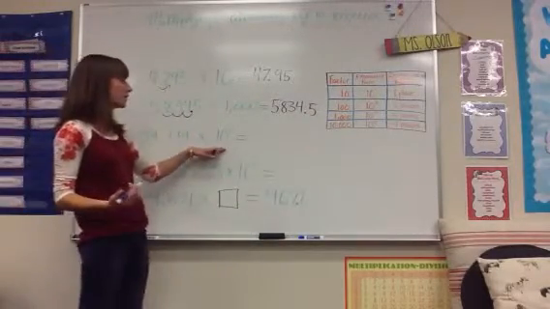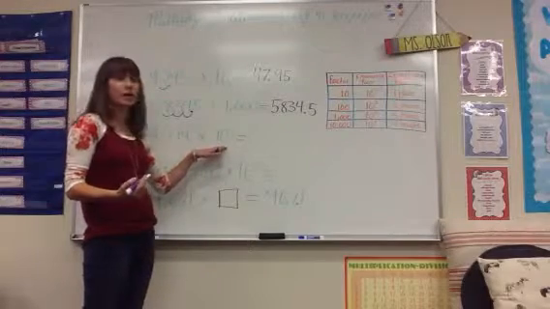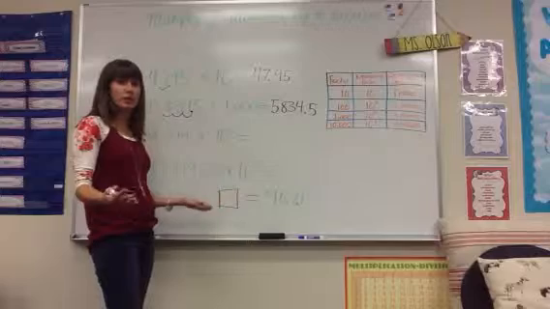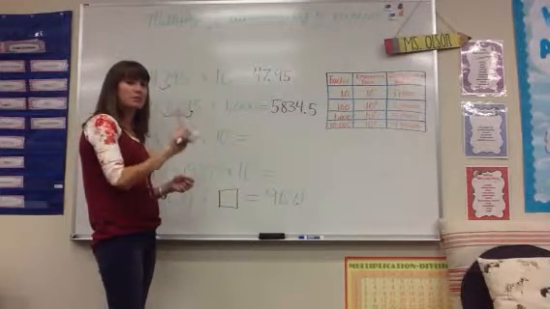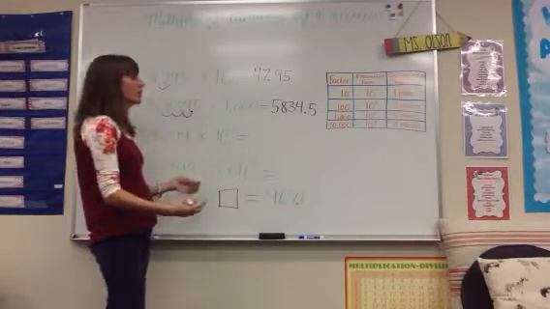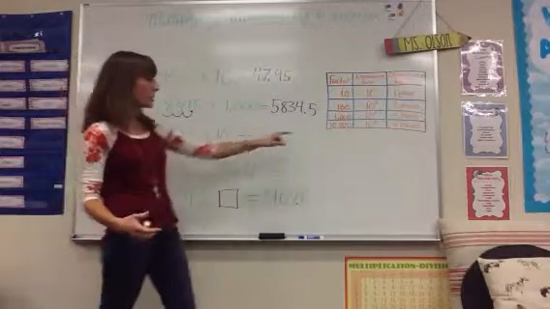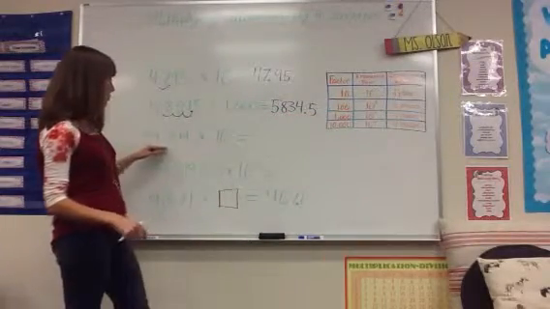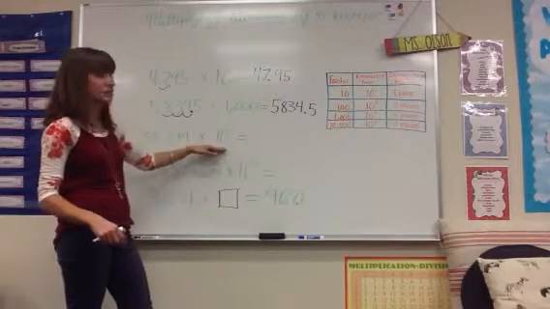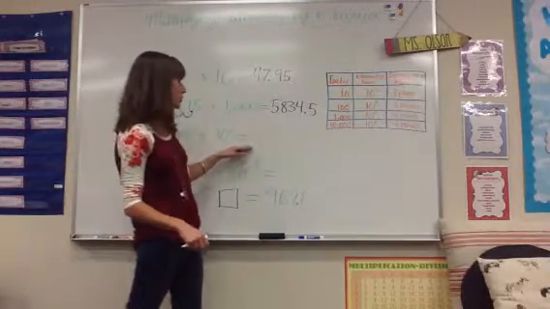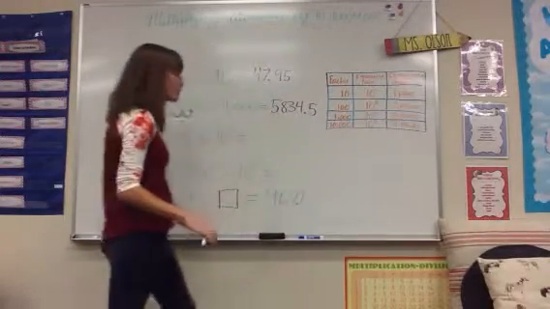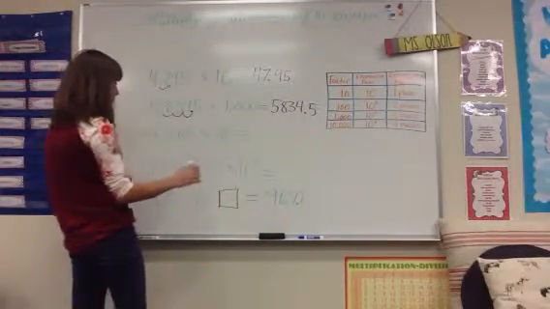Let's look down here. Now I'm not using 100. I'm using 10 to the second power, which equals 100 because 10 times 10 equals 100. So I used this part of the chart, 10 to the second power. 39.719 times 10 to the second power equals, looks like we have to move our decimal to the right two places. See if you can do that on your own.